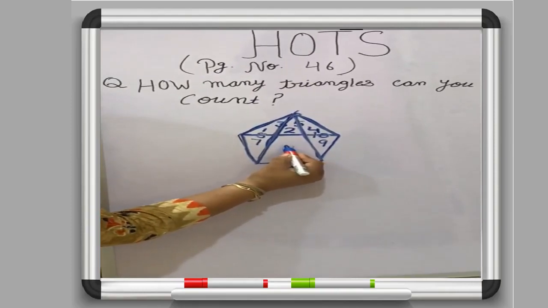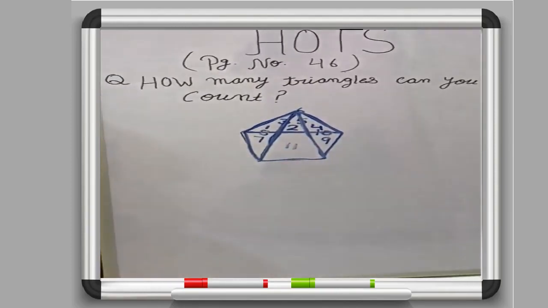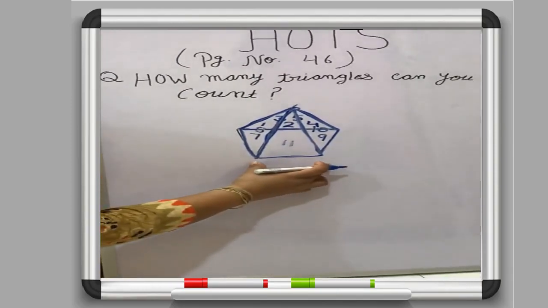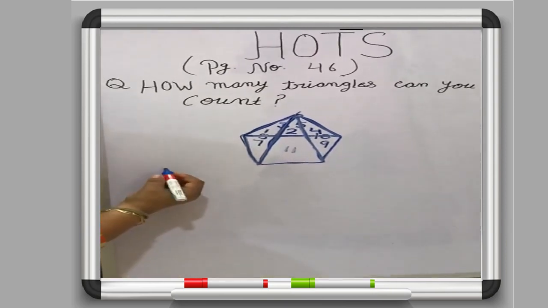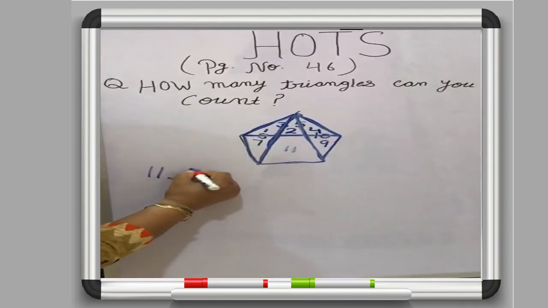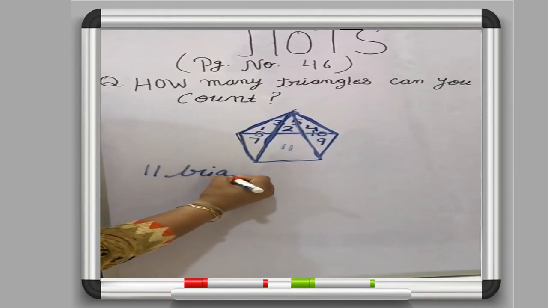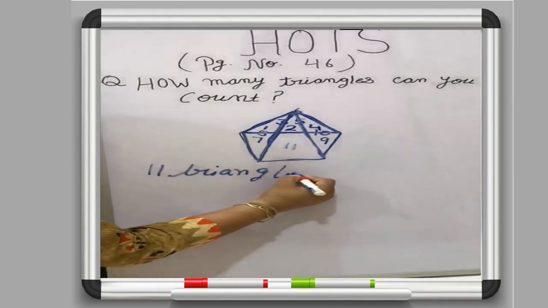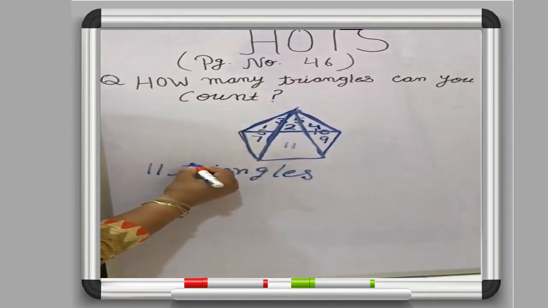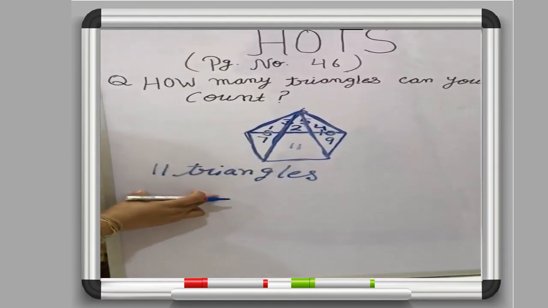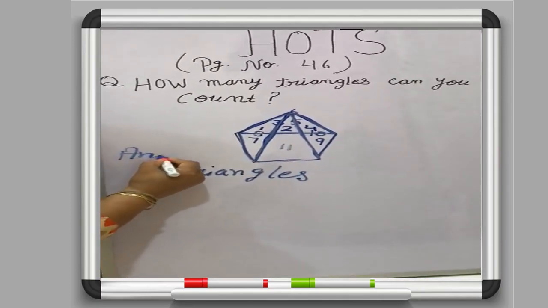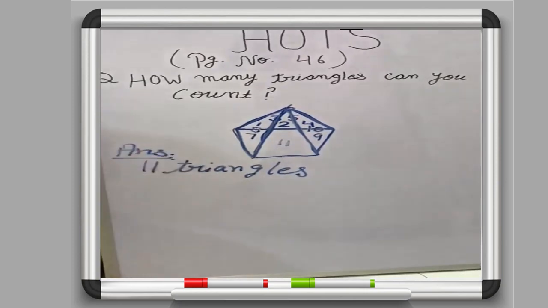This triangle is number 11. So how many triangles can we count in this figure? That is 11 triangles. Understood beta? 11 triangles is the correct answer of this question. This is our answer. Thank you.